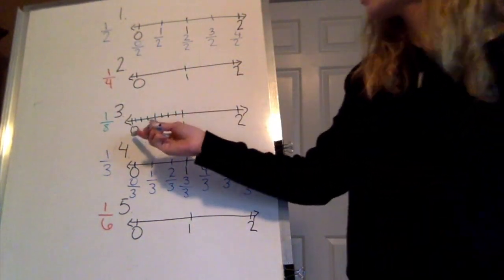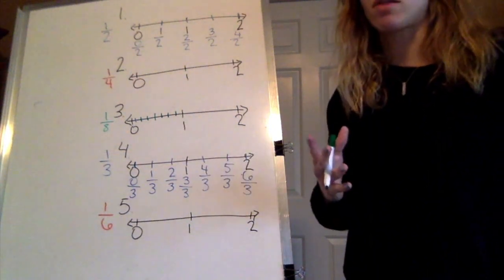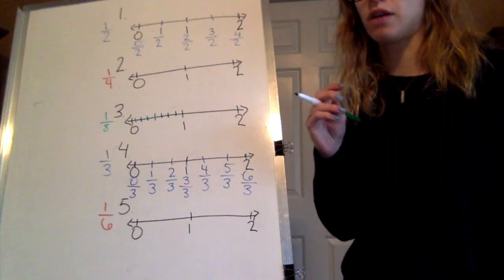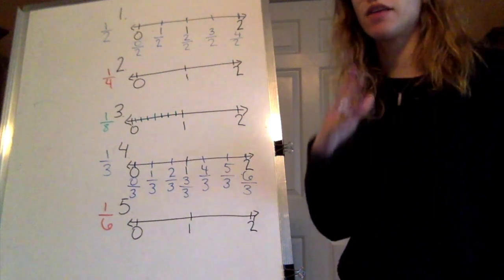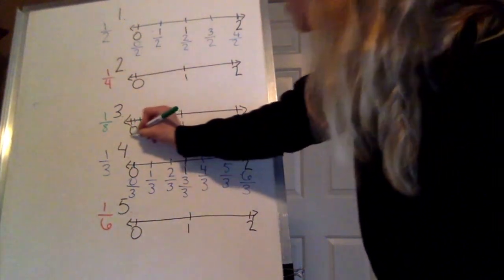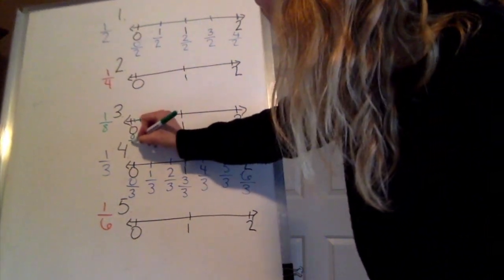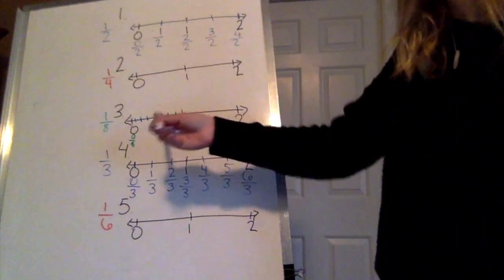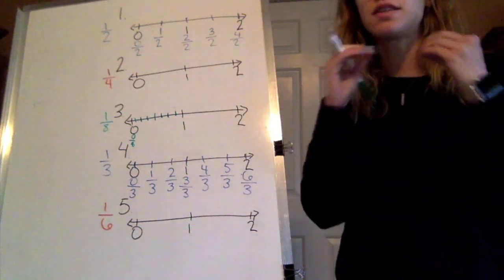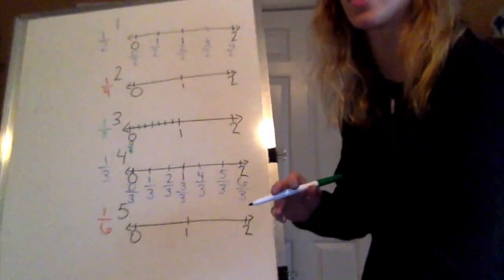So if my ant started, and he hasn't gone anywhere yet, what would my fraction be? He has not even moved. It'd be 0/8 because he just started. He has not moved, he hasn't completed any of the parts.